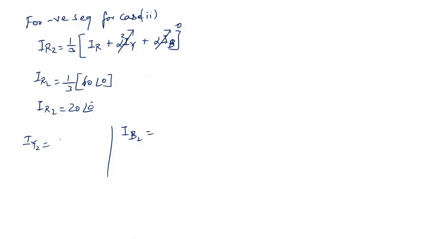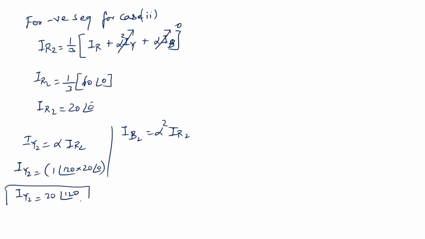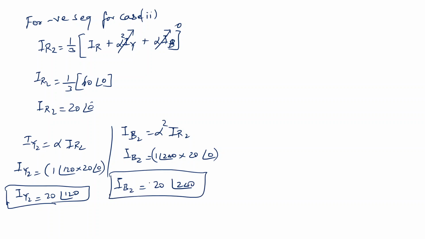As per the simplification, IY2 is alpha IR2, and IB2 is alpha square IR2. So IY2 is 1 angle 120 into 20 angle 0, which is 20 angle 120. And IB2 is 1 angle 240 into 20 angle 0, so IB2 is 20 angle 240. So we got the values for all.